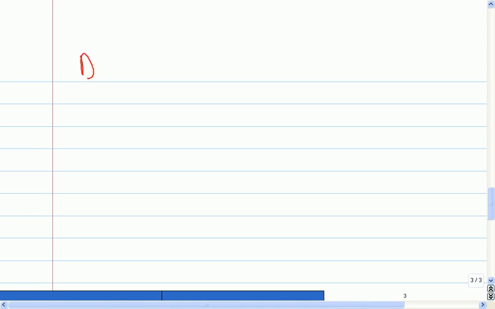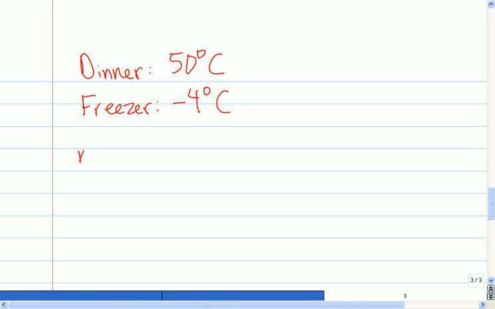Okay, you take dinner, and dinner right now is, I don't know, what's reasonable temperature for food? 50 degrees? And you're going to put it in the freezer so you can take it to work the next day. And let's say your freezer is minus 4 degrees Celsius. You want to know what kind of a model would I start with here.